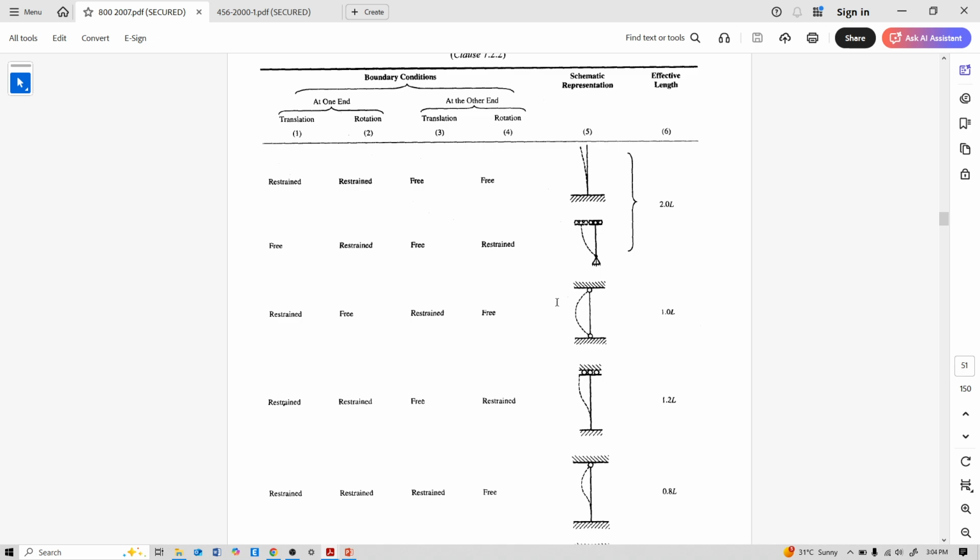And see here, this also looks like a fixed column, but here rotation is free. That's why, see, this buckling is from the support itself. Due to that, the effective length factor K is 1.